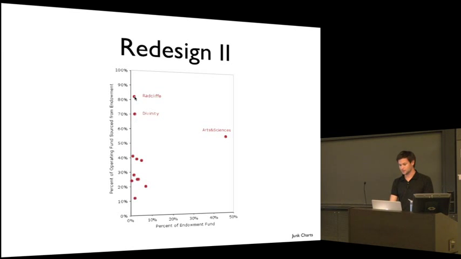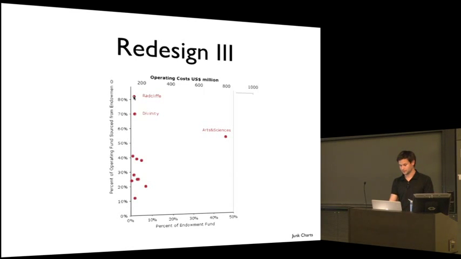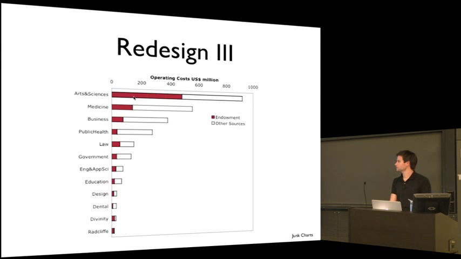Yeah? And then we see Radcliffe, it actually has a really low number. It doesn't get much endowment. And here you have a really high number. So it uses a lot of the revenue to cover the operating costs. And that would probably be even better to actually show as a share. Yeah?